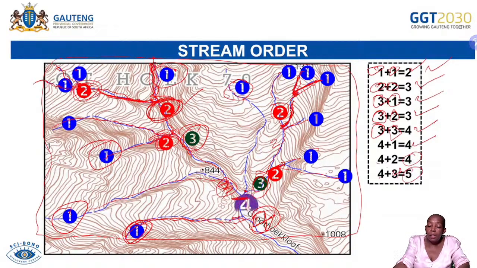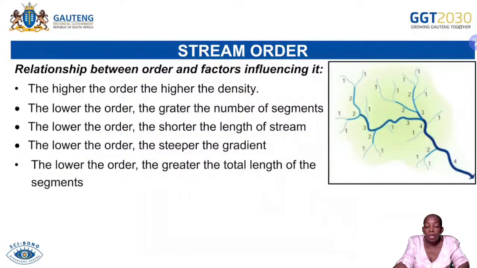Right, so what are the factors, what are the things that we need to look at when we calculate the stream orders, or what relationship do we need to understand in interpreting the stream orders? So as I've indicated, you can see your set of stream order number 1s that you can identify right at the source, and then all these, they have changed the order.